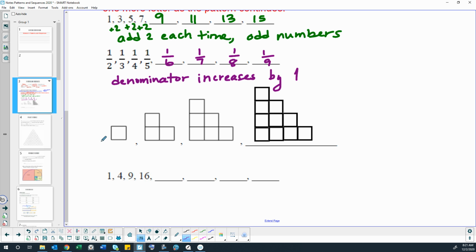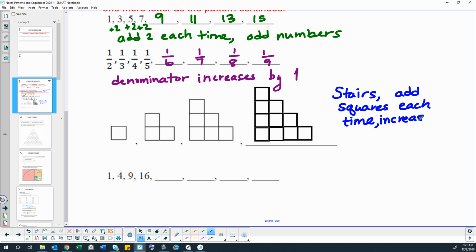So how do we explain this pattern? Maybe we explain it that we get a stairs shape, right? It's like stairs. And we're going to add squares each time. But the number of squares increases by 1, right?